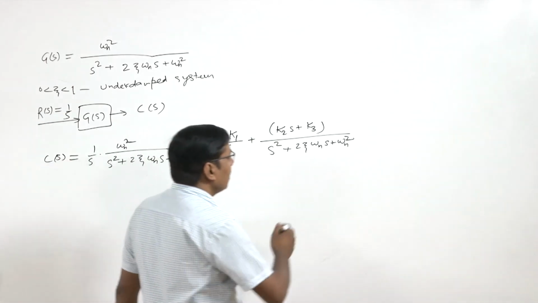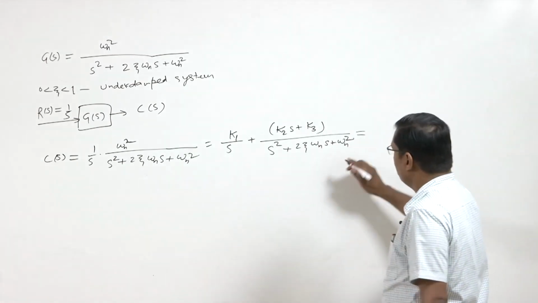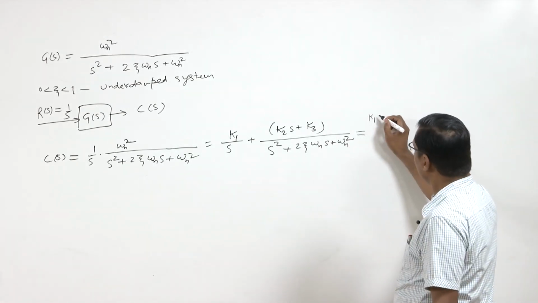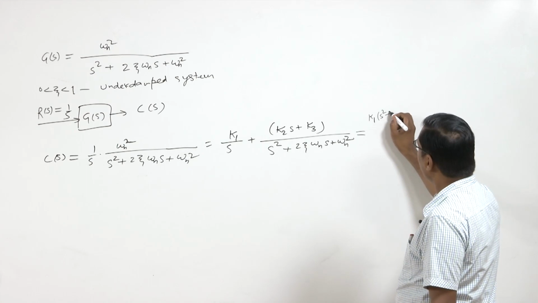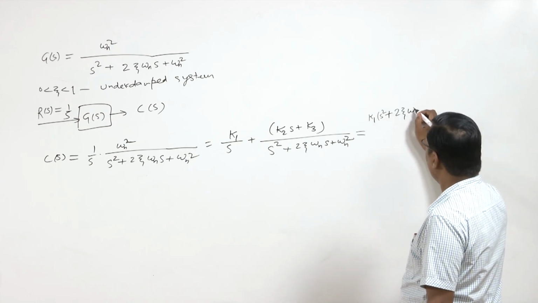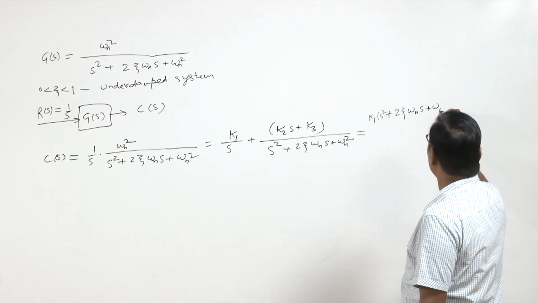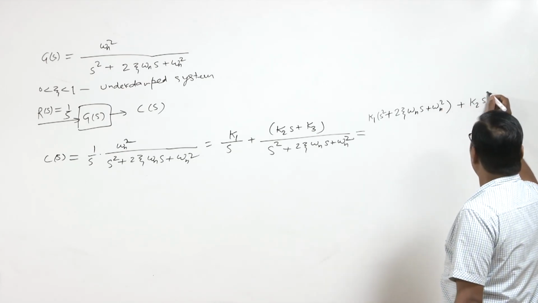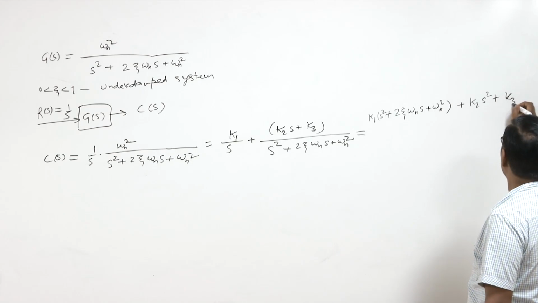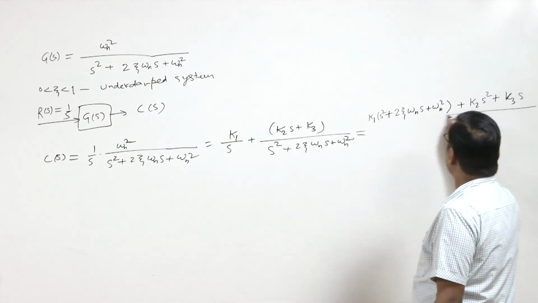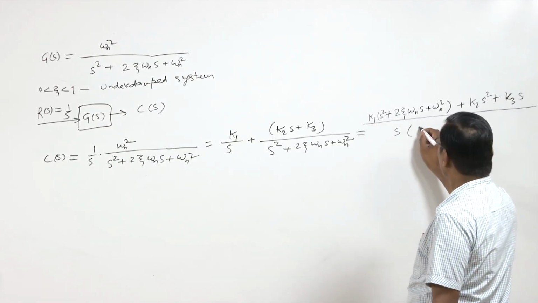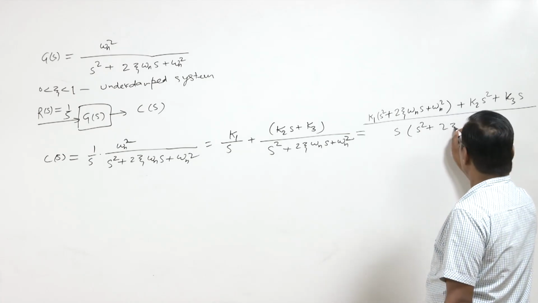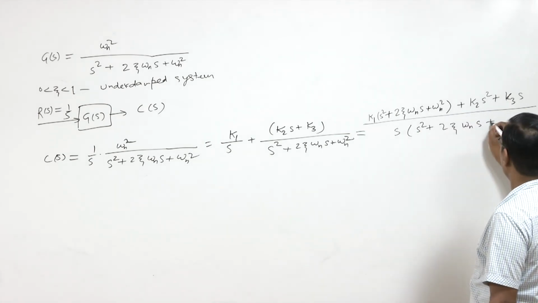So now we can solve it. So here k1 into s square plus 2 zeta omega n s plus omega n square plus k2 s square plus k3 s, upon s square plus 2 zeta omega n s plus omega n square.